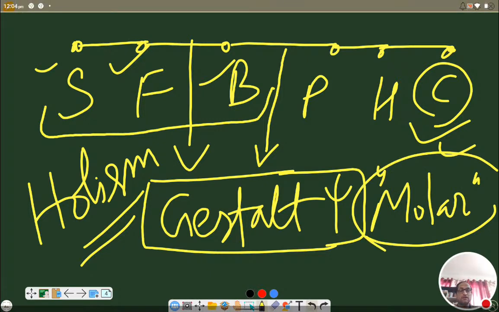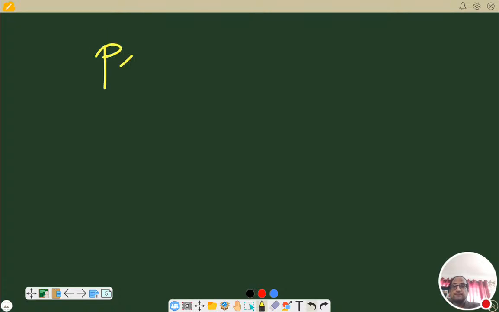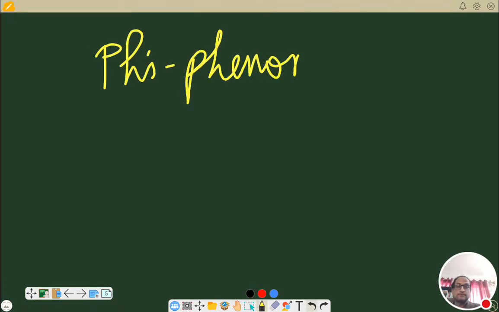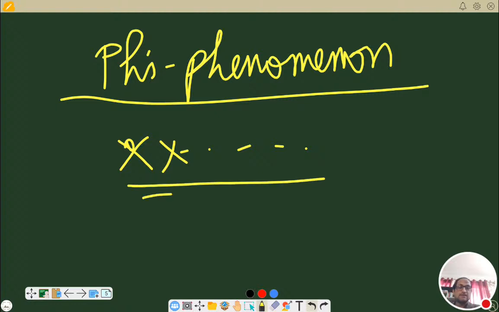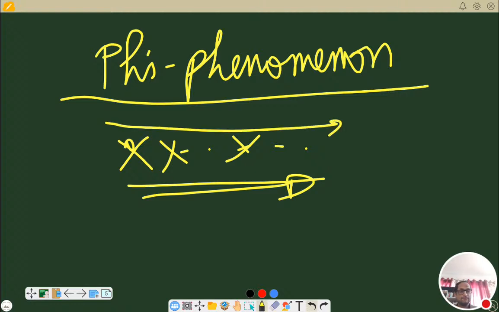There came the phi phenomenon. Lights of alternating nature are there, and if they are placed in a series, you will feel as if the light is moving.